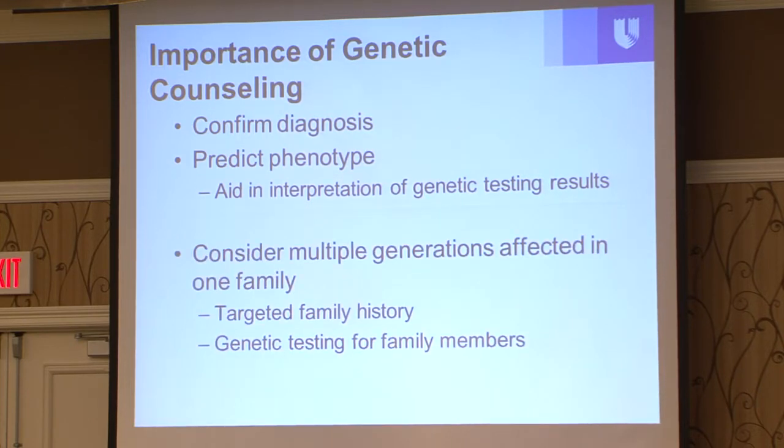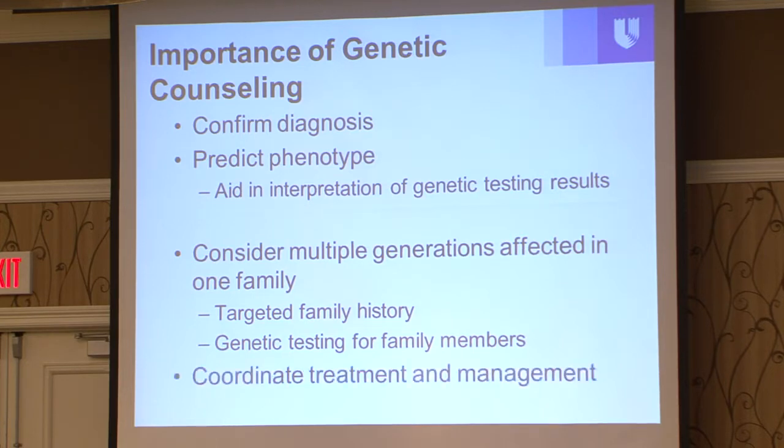Also, another important point I'm going to talk through briefly is considering multiple generations affected in one family. This is something where we need to really think about a very good targeted family history and asking appropriate questions, and then also offering genetic testing to any family members that might fulfill the diagnostic criteria.